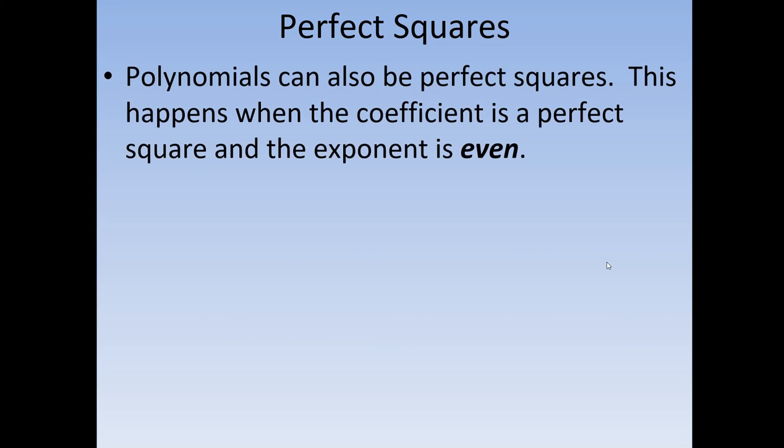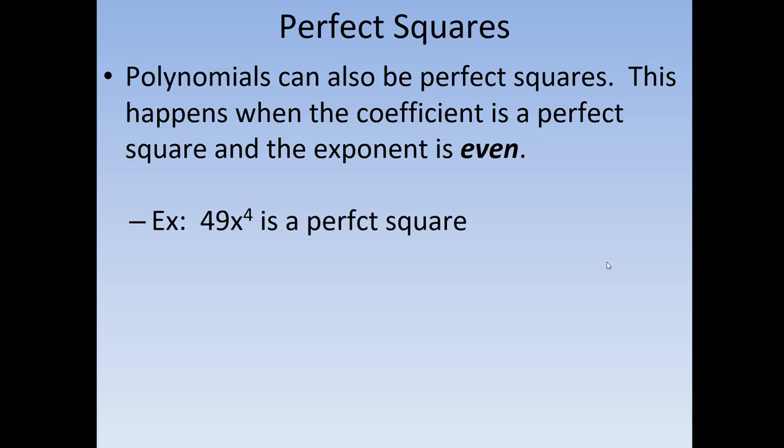Now, polynomials can also be perfect squares. In particular, we're going to be looking more at single term polynomials, or monomials. This usually occurs when not only is the coefficient a perfect square, one of the numbers that we just wrote, but the variable also has an even exponent.